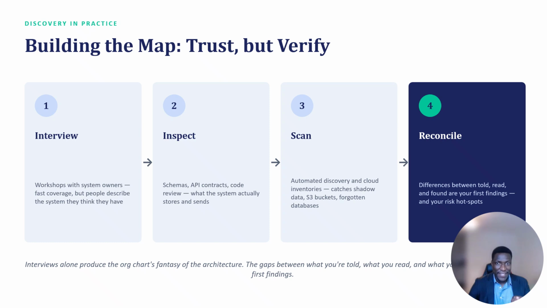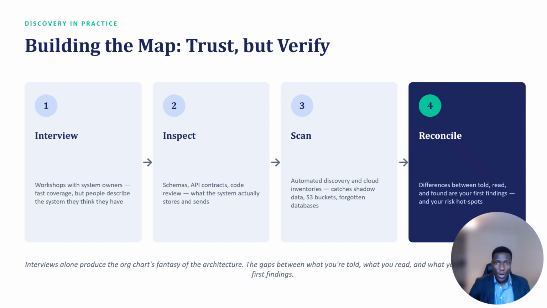Number two, inspect. Inspecting schema, API contracts, code. This tells you what's actually stored and what's actually being transmitted or transferred. Number three, scanning. Automated data discovery, cloud inventories.